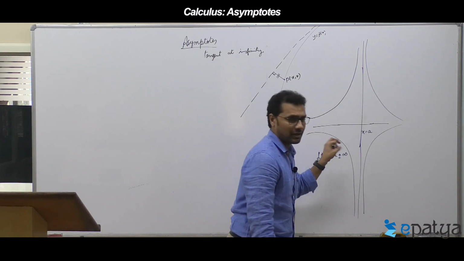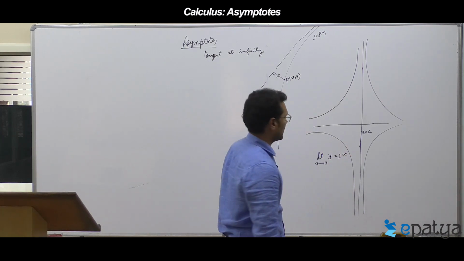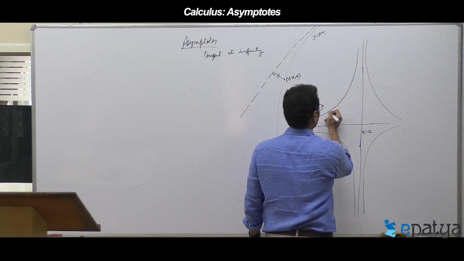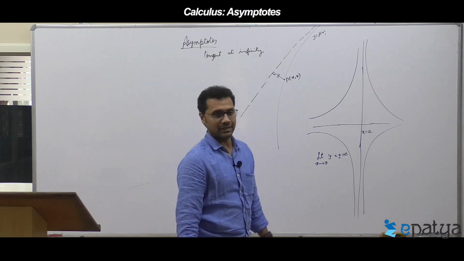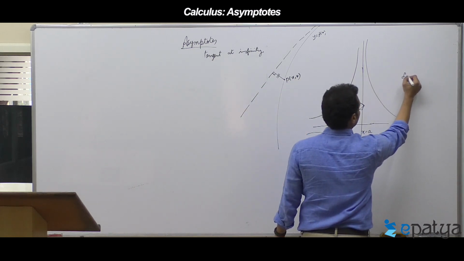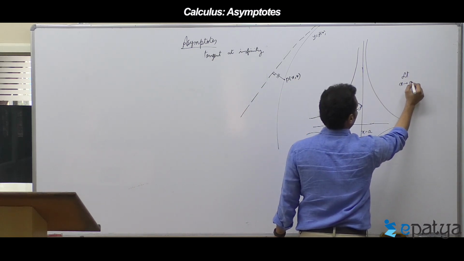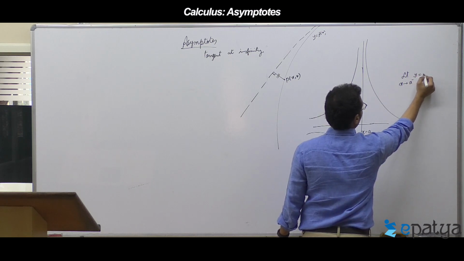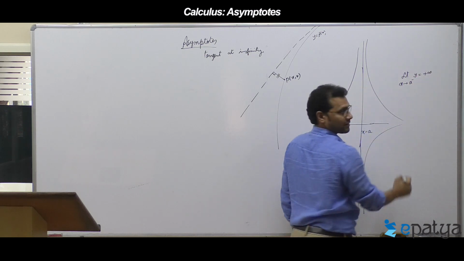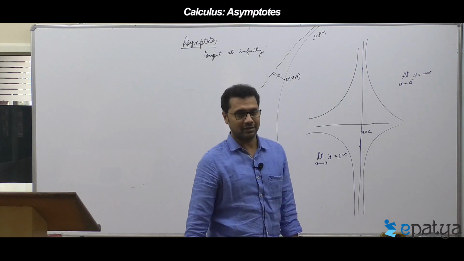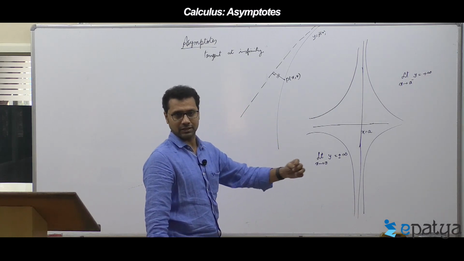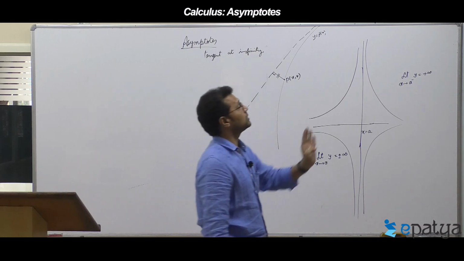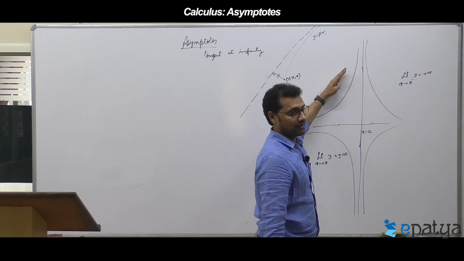Now let me go a little bit deeper into this one. If the curve has only this one, and I don't have this suppose. Then somewhere, as x tends to a minus, y is going to plus infinity. Limit x tends to a minus, left hand side of a, y is going to plus infinity.